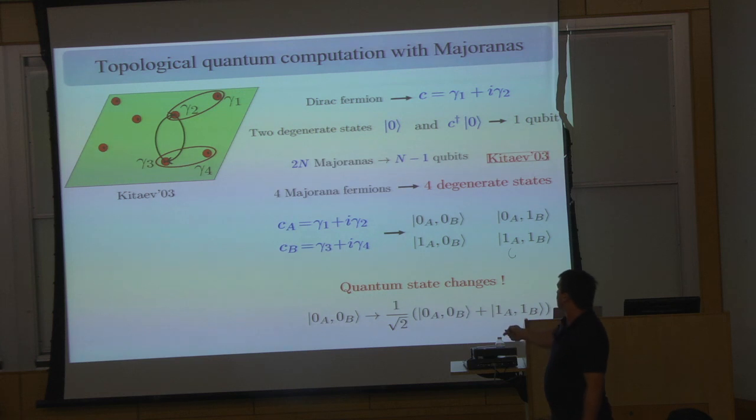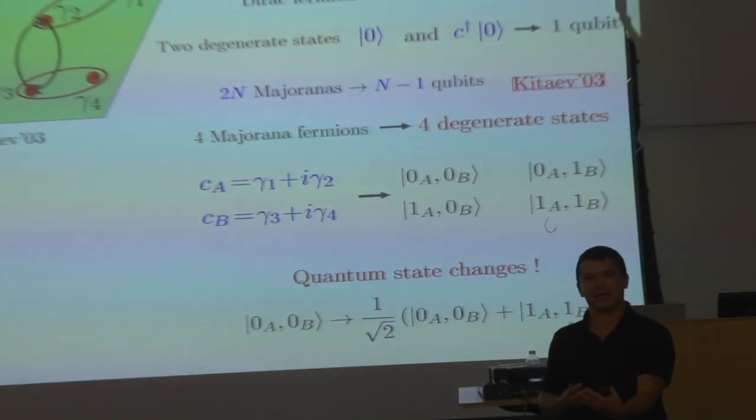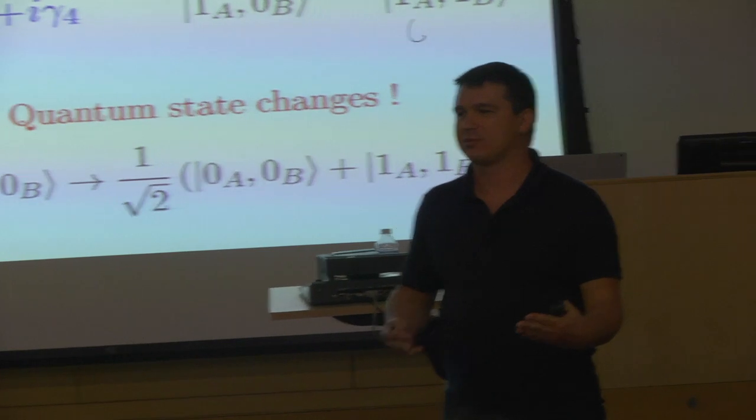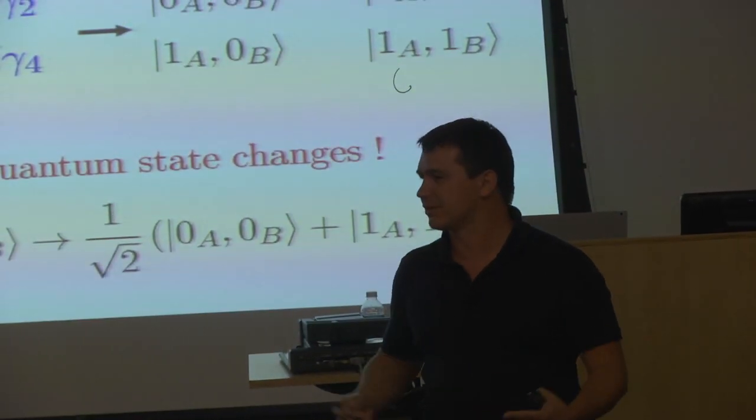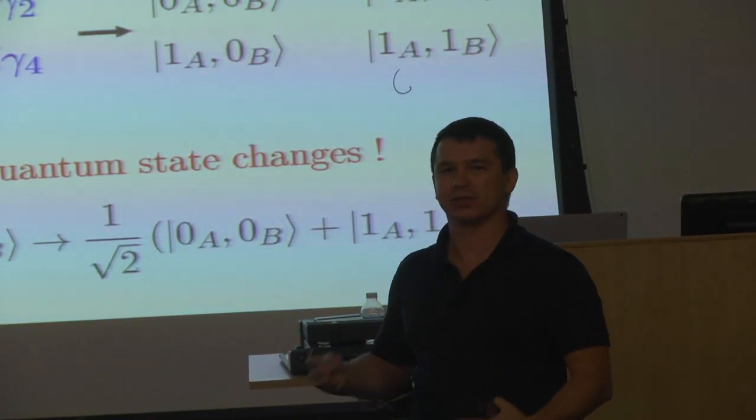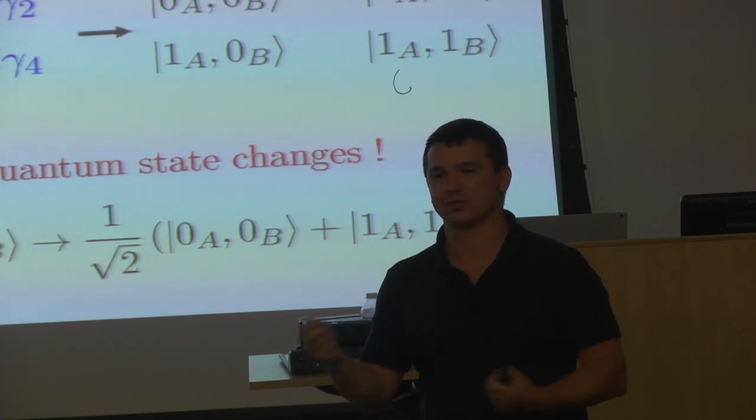I can do the same with gamma 3 and gamma 4. And then what I can do logically, since Majoranas are independent objects, is exchange gamma 2 and gamma 3. But this exchange, colloquially speaking, is equivalent to exchanging a fraction of one electron with a fraction of another electron. And we know that something like that doesn't usually happen in condensed matter physics. We cannot just take a fraction of an electron and exchange it with another one.